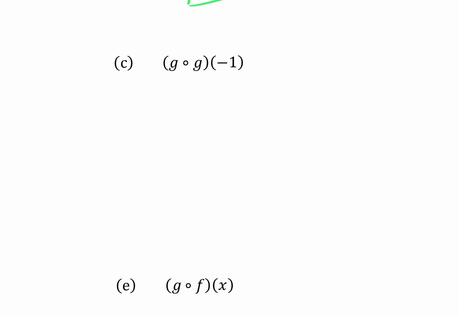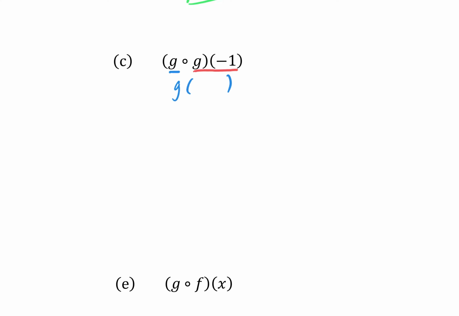Let's look at c. This time we're composing g with itself. So we're going to do g of negative 1 first. Whatever that is, we're going to put it back into g. So this is g of negative 1. So what is g of negative 1? We're going to take negative 1, square it, and then add it to 5.